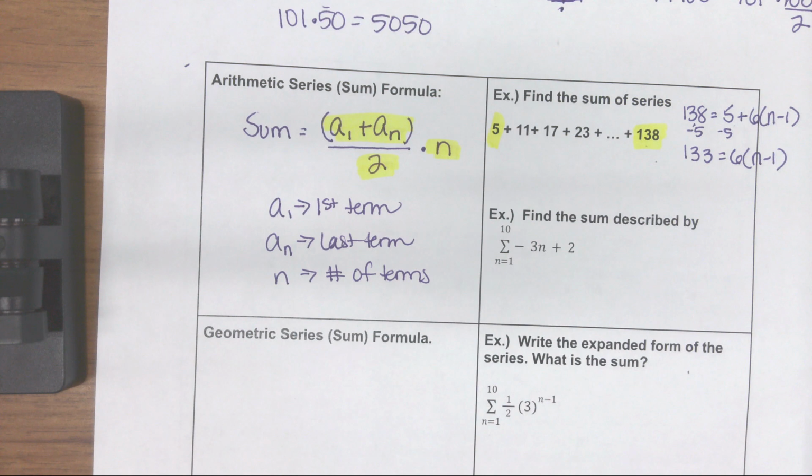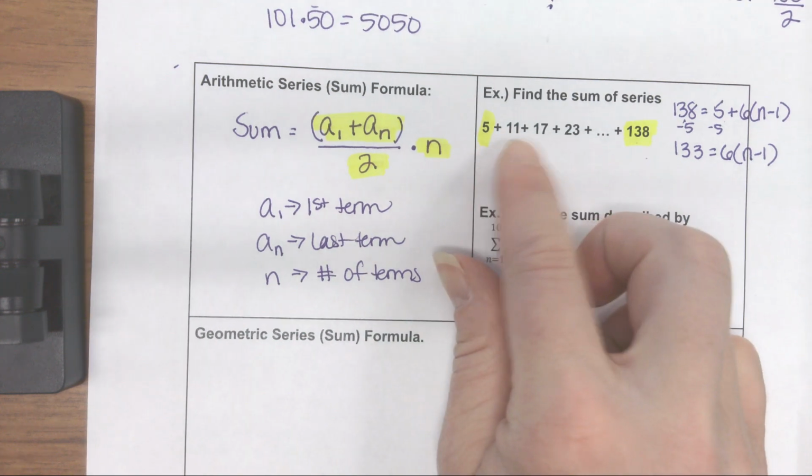Uh-oh. I did something wrong then. I must have made a mistake when I made this. Hold on. What was the answer? It's a decimal. It can't be a decimal because it's got to be the right number of terms.